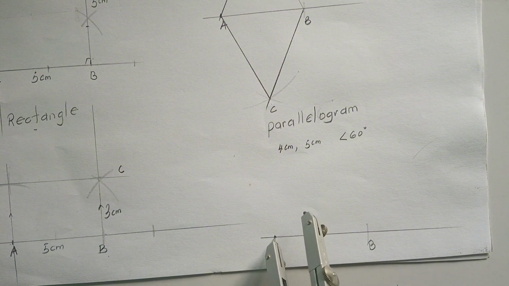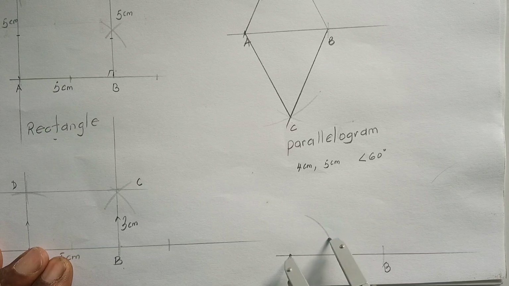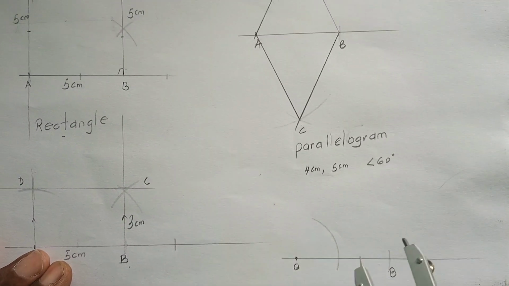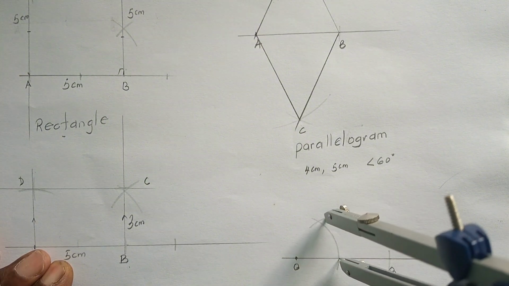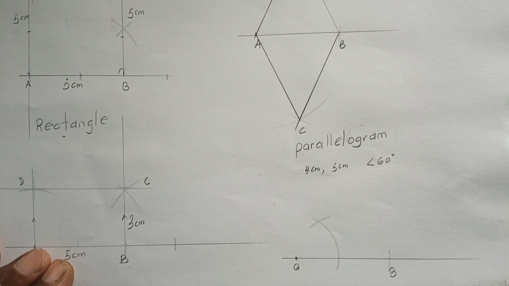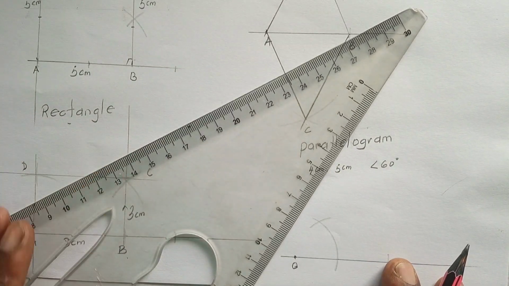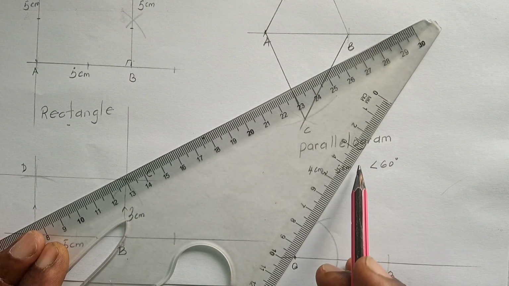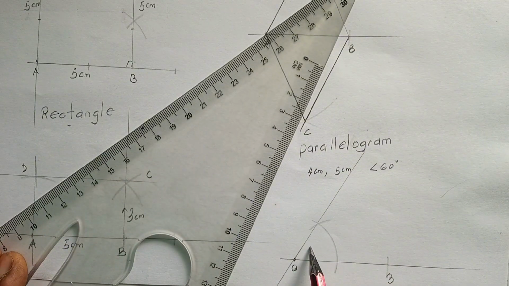I reduce it further. An angle of 60 degrees. I draw there like that. I transfer my point from that point to this other point here, and then I strike another arc there like that. This is an angle of 60 degrees. Then I use my ruler to join these 2 points like that. So this is an angle of 60 degrees.